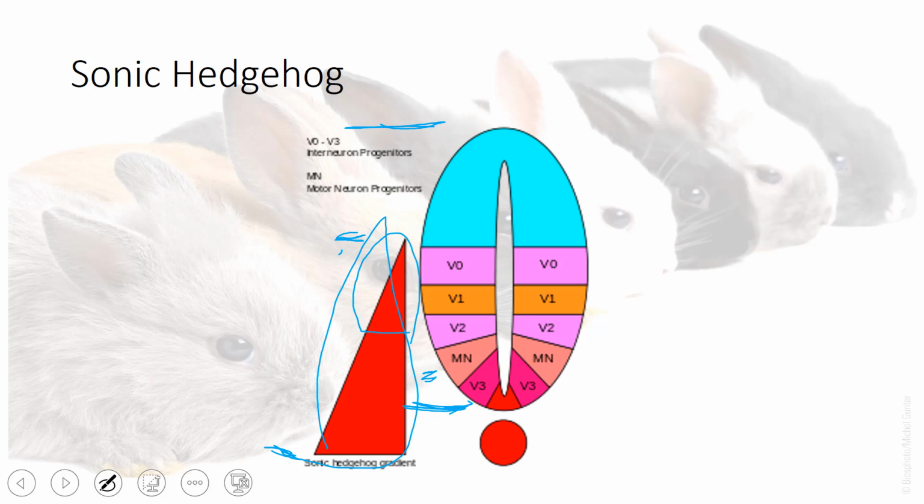So what this does is tell cells that are already going to develop into neurons and glial cells to develop either into motor neurons or into sensory neurons. All of that is controlled by the difference in concentration of this morphogen, sonic hedgehog.